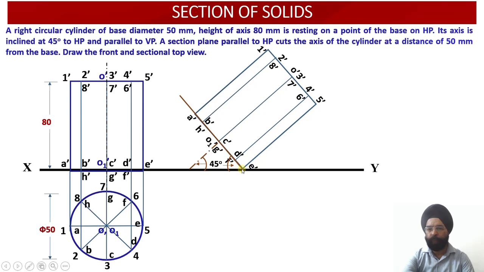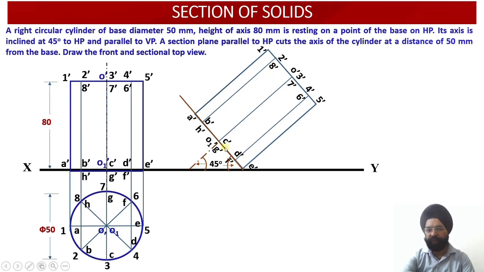Corresponding to point 1, E dash will be there. Corresponding to point 2, D dash, F dash will be located. Corresponding to point 3, C dash, G dash and O1 dash will be located. Corresponding to point 4, B dash, H dash will be located. And corresponding to point 5, A dash will be located.